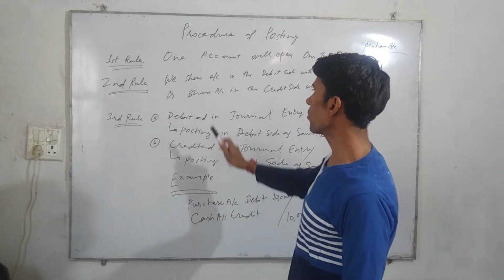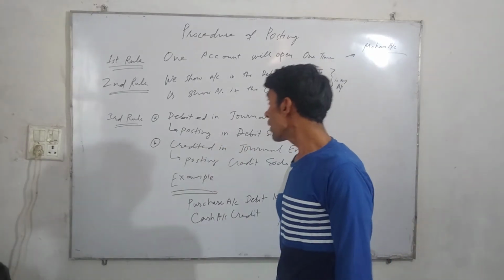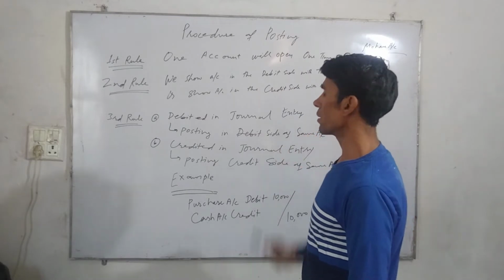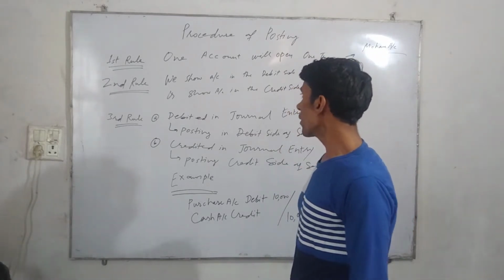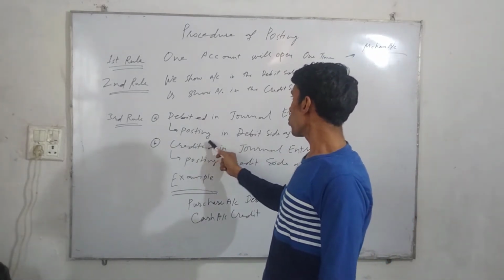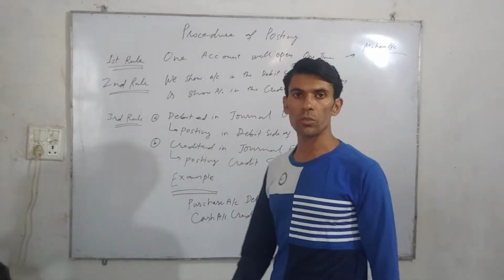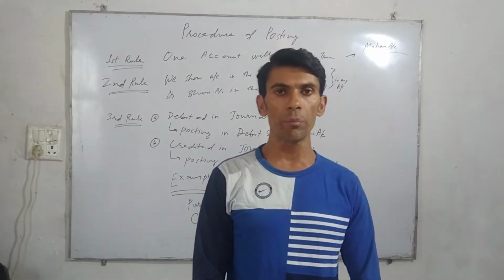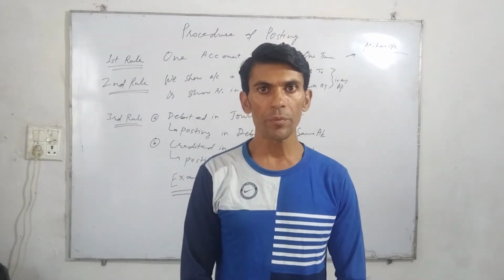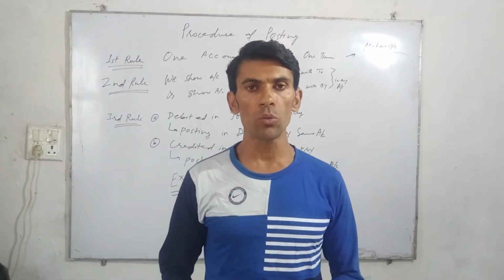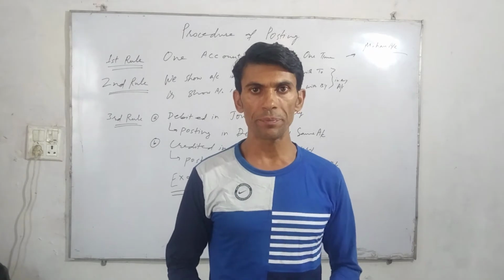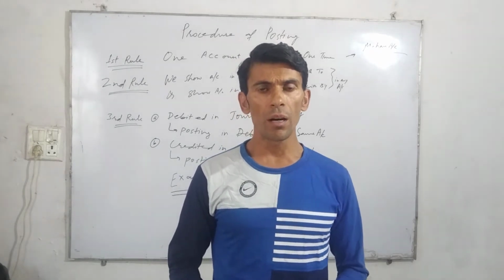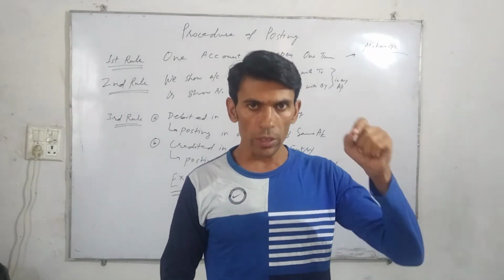And third rule of posting: debited in the journal entry, posting in the debit side of same account. If any account is debited in the journal entry, we open the same account and will debit the credited account in this account.